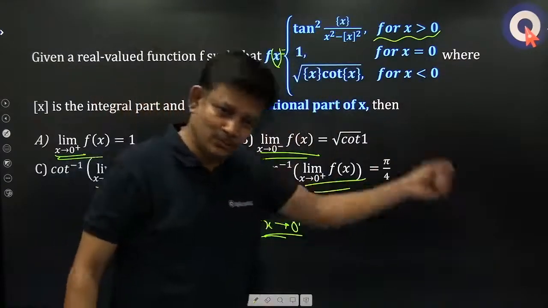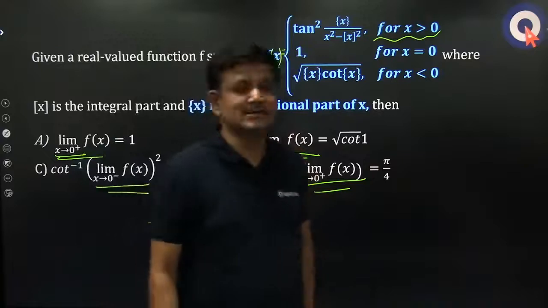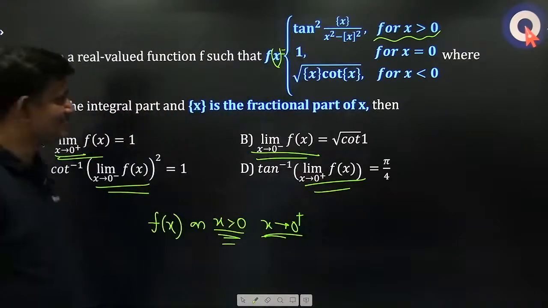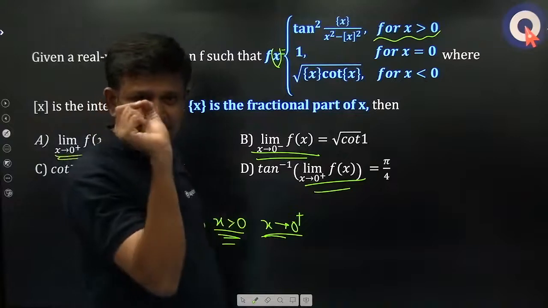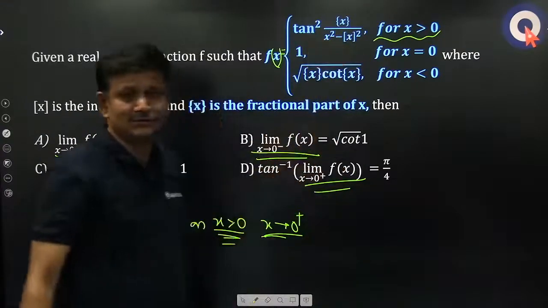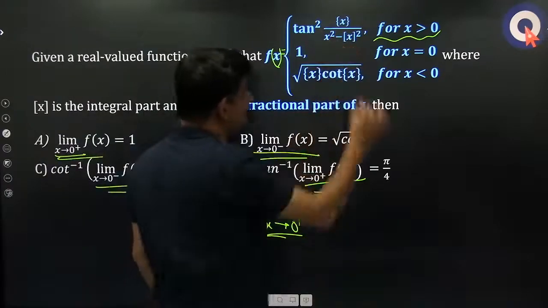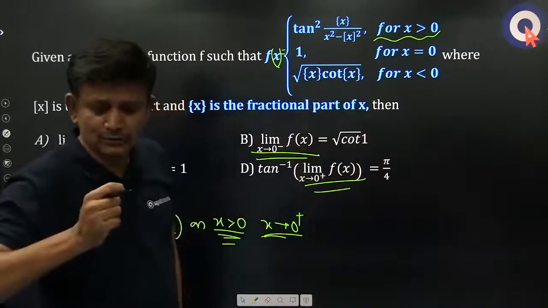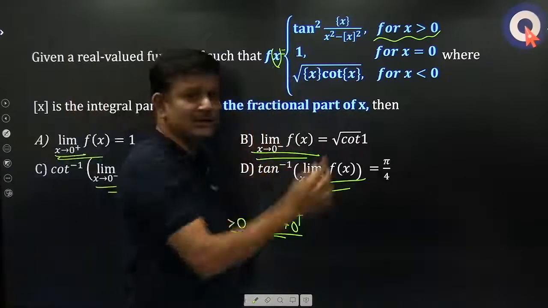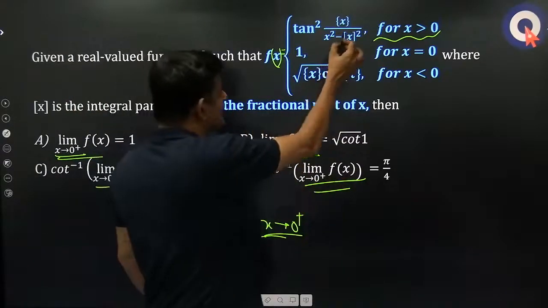Slightly हो या बहुत ज़्यादा हो, कुछ भी हो, x is greater than 0, so it falls into first case. In first case, x is slightly greater than 0. तो integral part of x कितना हो जाएगा? 0. जो भी नंबर है 0 से थोड़ा बड़ा, 0.1, उसका integral part हो जाएगा 0. So this number is 0.